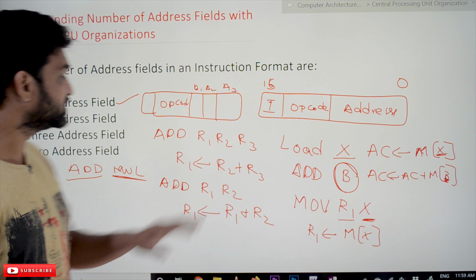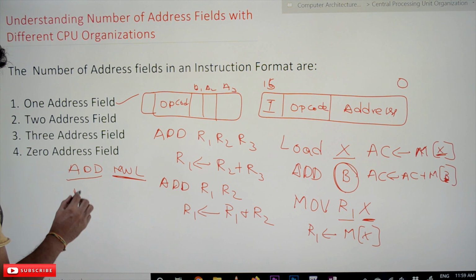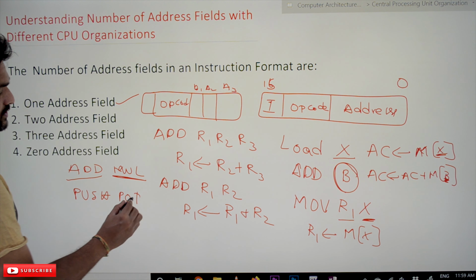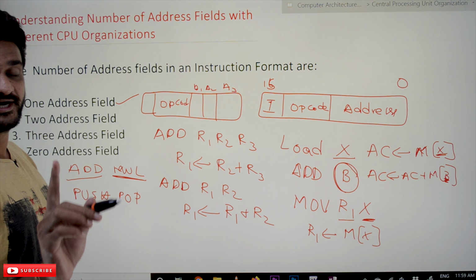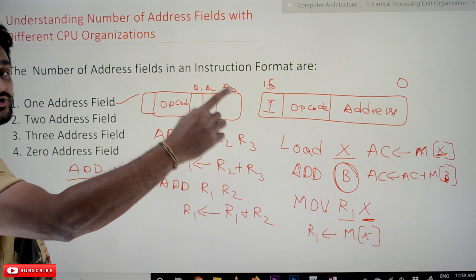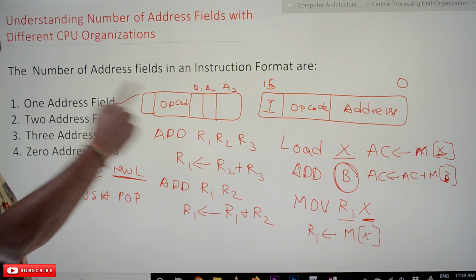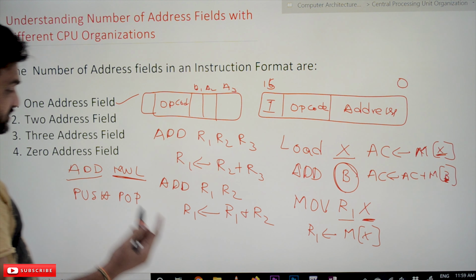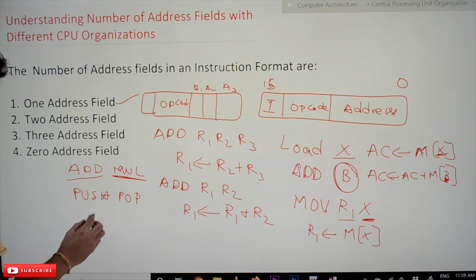For some of the operations like push and pop, one address field is provided, which is a memory operand. So let's try to understand this.